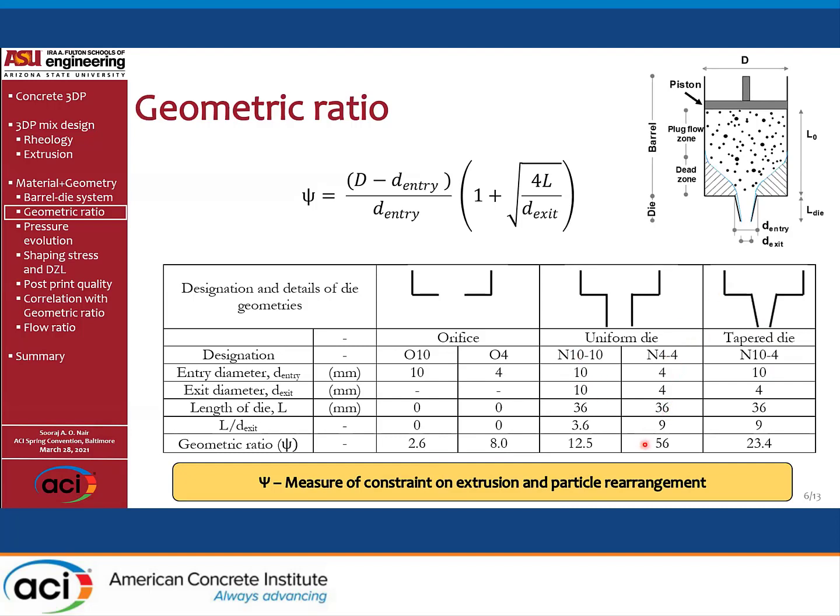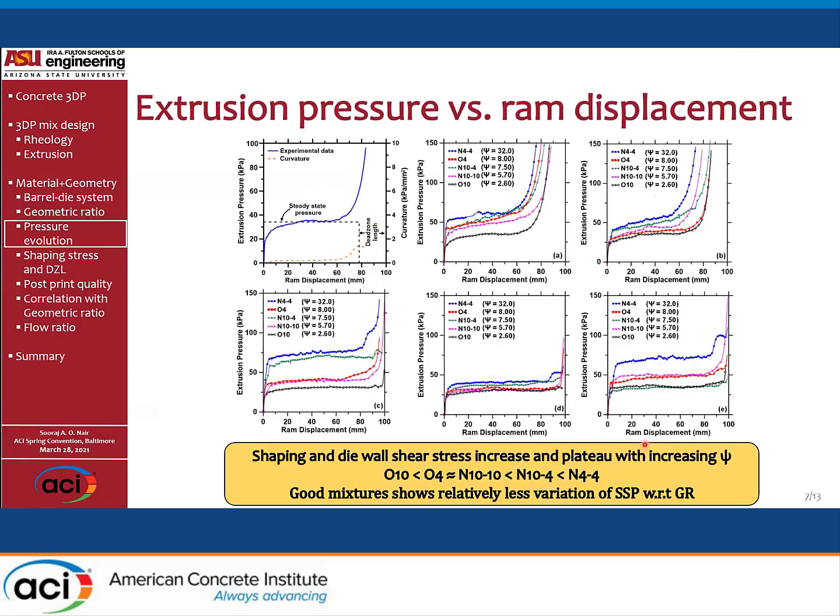So this geometric ratio is indicative of the constraint on the extrusion and the particle rearrangement that a material will experience. So we took these 5 mixes, we subjected them to 5 different types of geometries. Then we get the extrusion pressure versus displacement response.